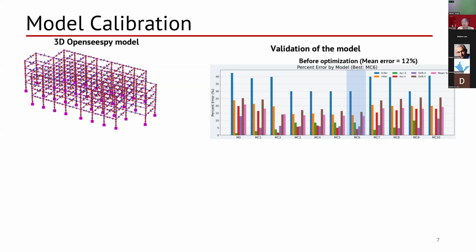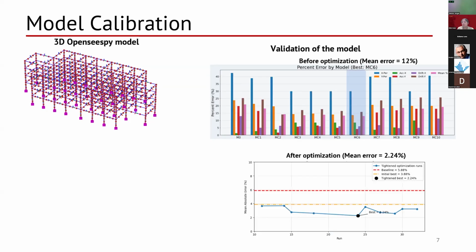Then we use a differential evolution algorithm, where we basically scale some of the design parameters and try to optimize those parameters to match the ground truth that we have, and then check the error. So initially we started with 12% error, and then eventually we went down to 2.2% error.